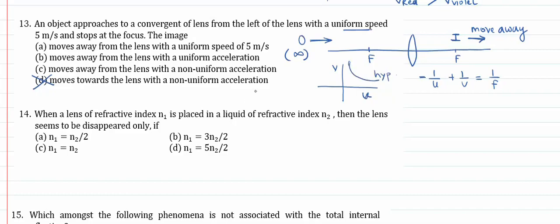Since it is hyperbolic, the acceleration is not uniform, it is non-uniform acceleration. So it moves away from the lens with non-uniform acceleration, that is option C is the answer.